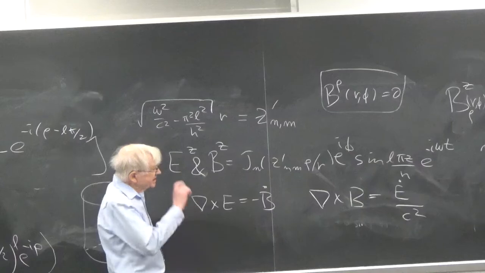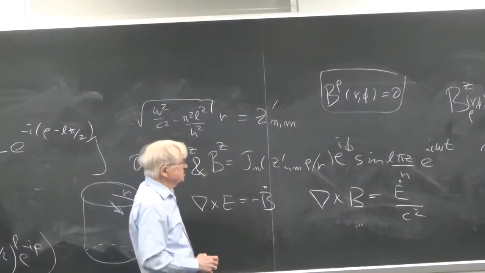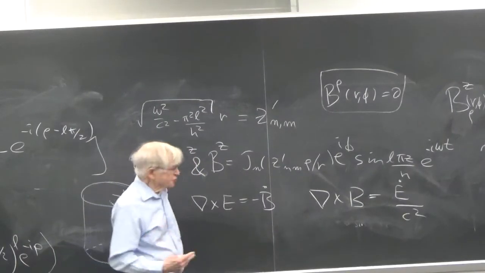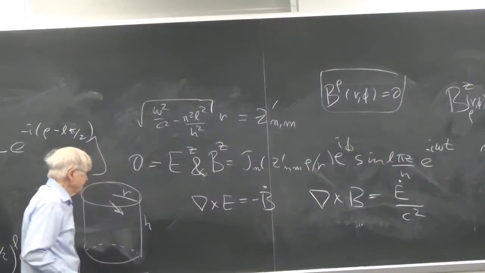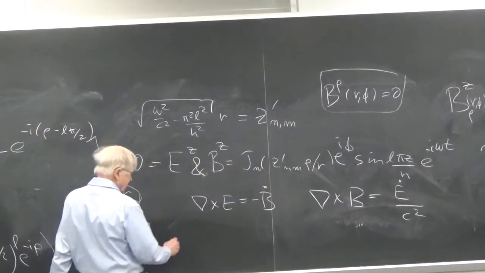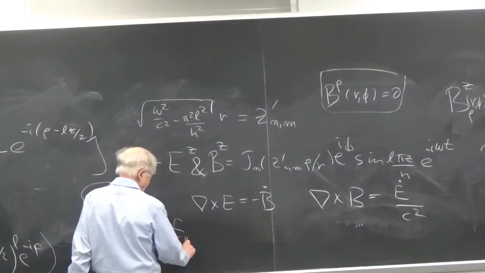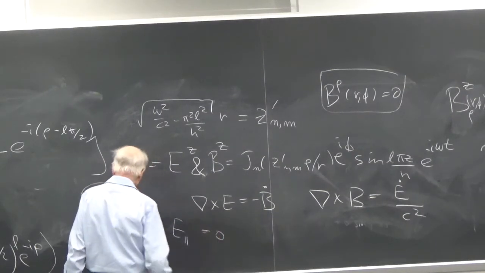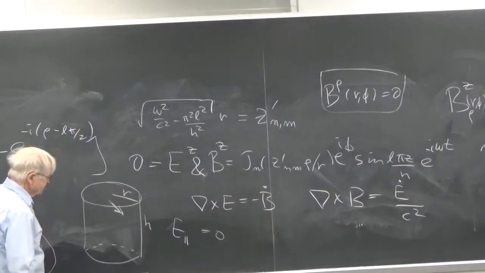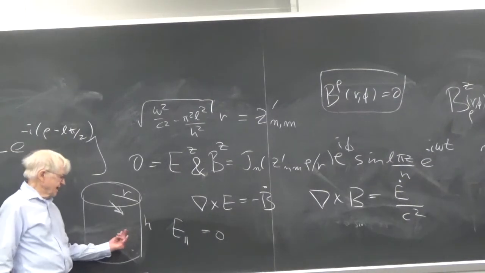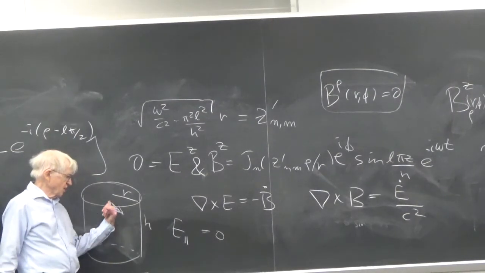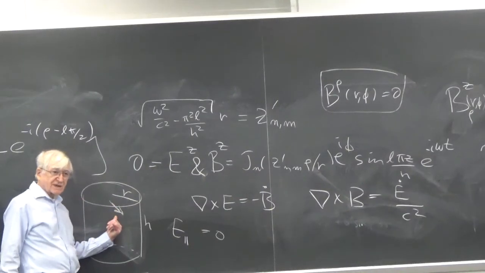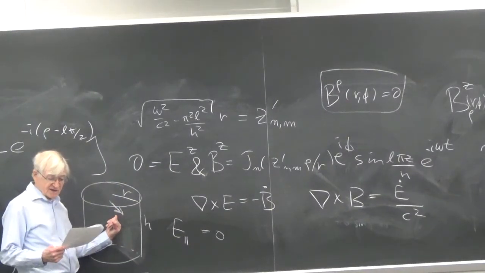But what we now have to do is check what the electric conditions are. And the electric conditions are that the electric field parallel to the surface of the conductor should vanish. And so that means that EZ should vanish when rho is equal to R, but EZ is automatically 0 because this is a TE field.